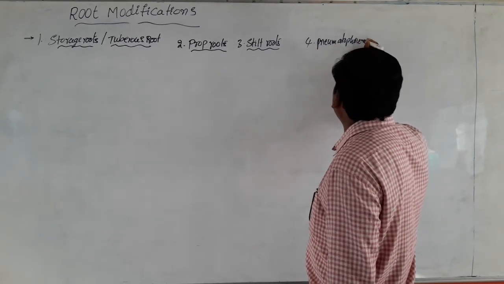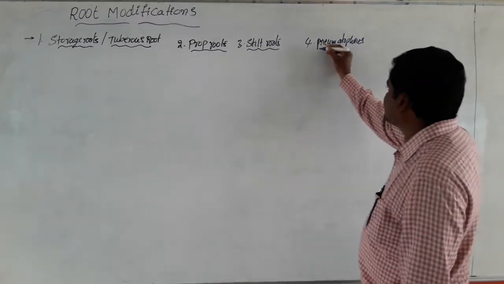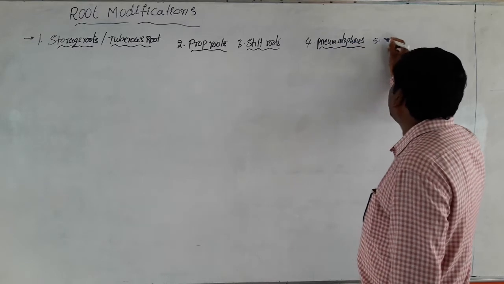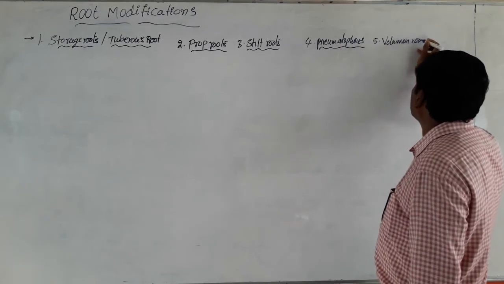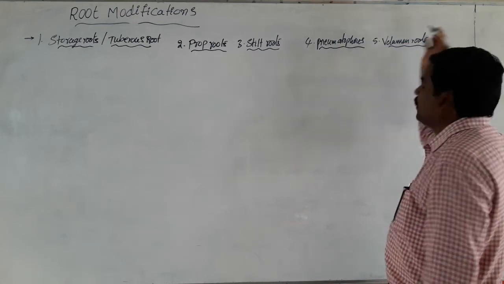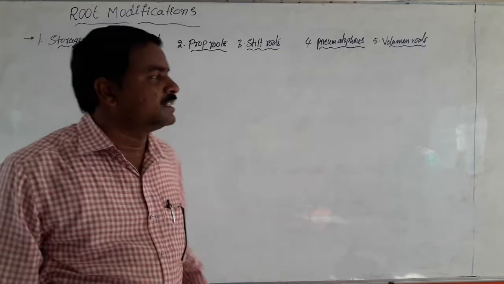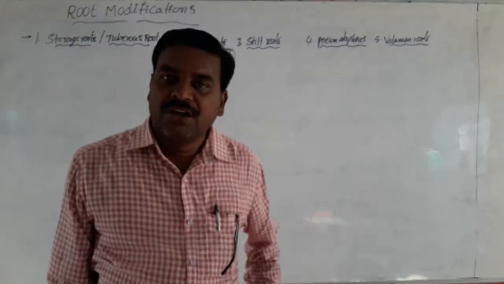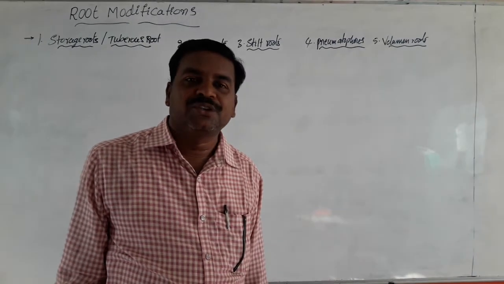And the fifth modification is considered as velamen roots. The sixth modification is parasitic roots. Seventh one is nodular roots, and the last, eighth modification in roots is photosynthetic roots.